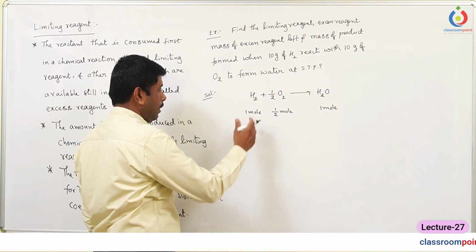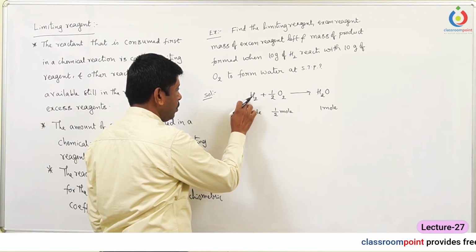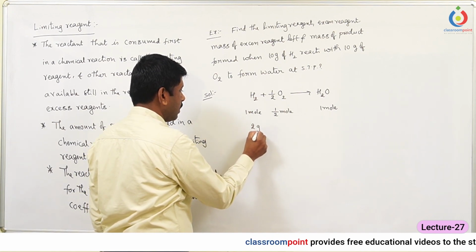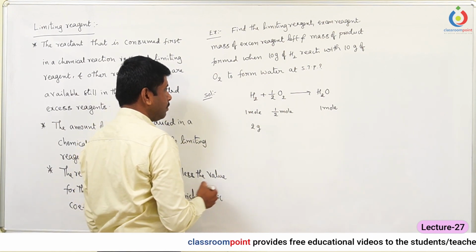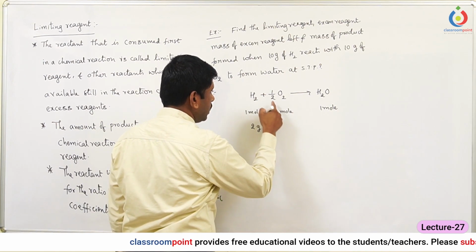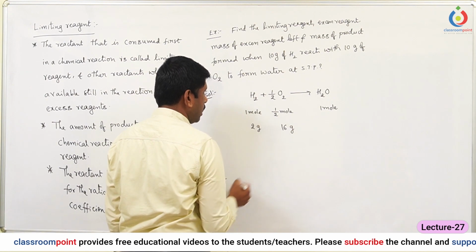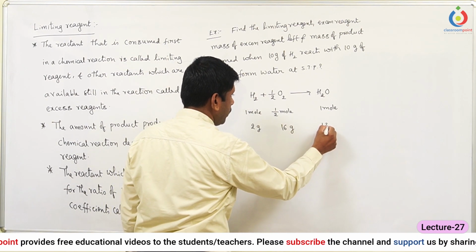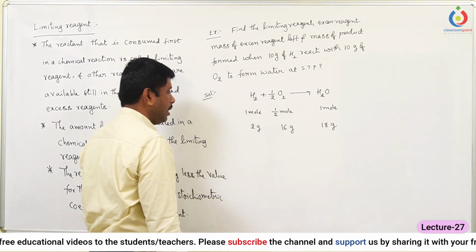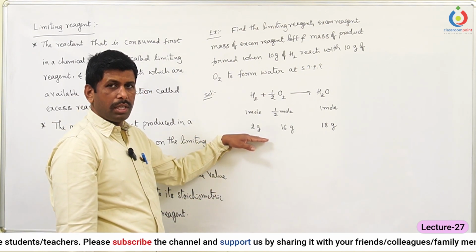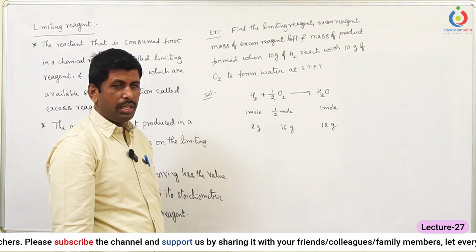In terms of mass, 2 hydrogen atoms are there in the H2 molecule, so 2 grams of H2 reacts with 32 by 2, that means 16 grams of oxygen to produce 18 grams of H2O. This is the information that we can get from the balanced chemical equation.